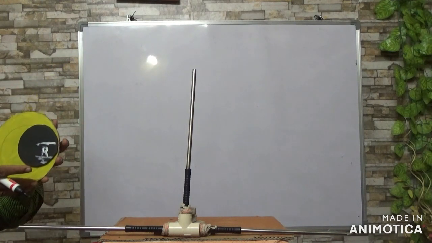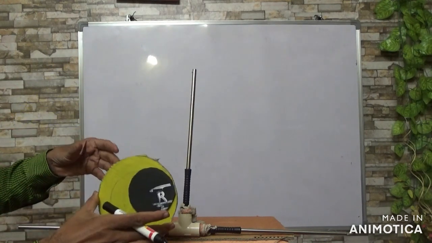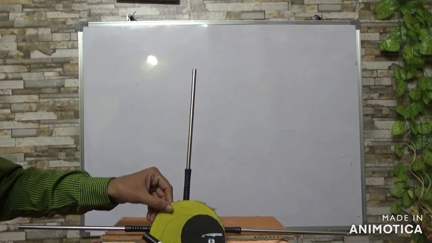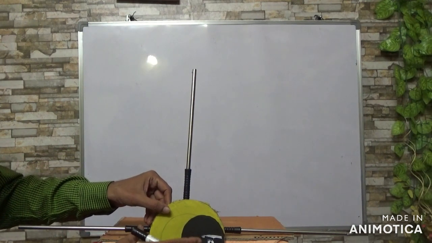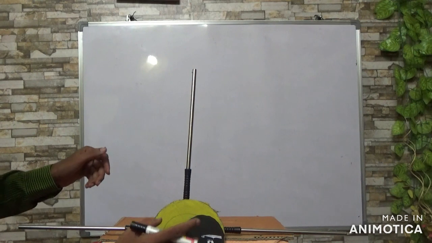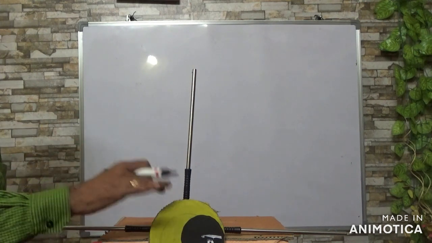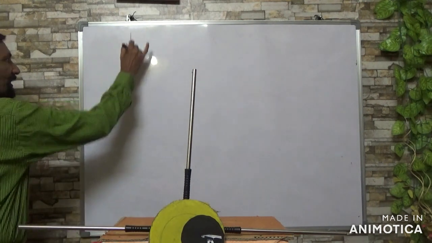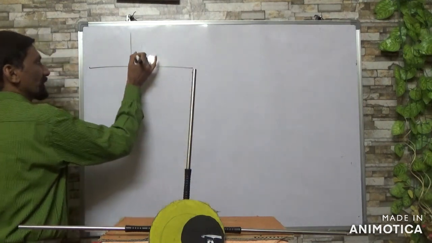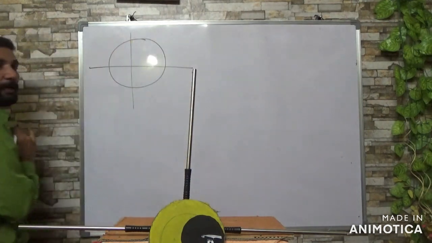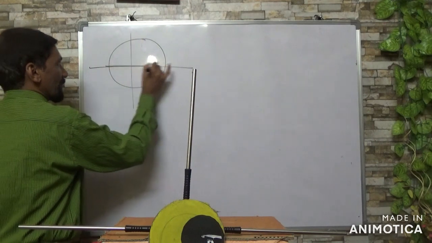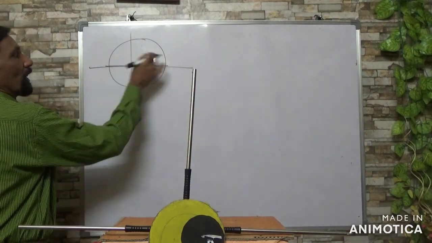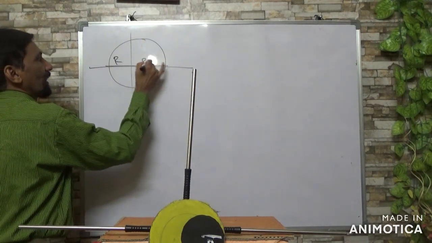How? Same procedure. We take the circular plate such that the center of this circular plate coincides with the origin. It is like this. So you have taken a circular plate of diameter 2r, so radius r.